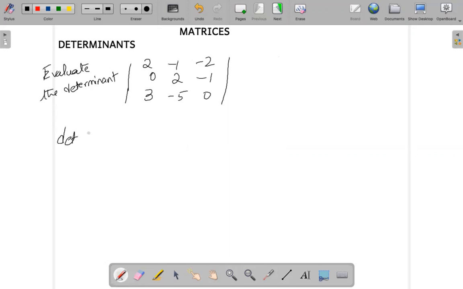Determinant of, suppose, A. So this will be 2 and 2, minus 1, minus 5, 0. And this would be 0, column.